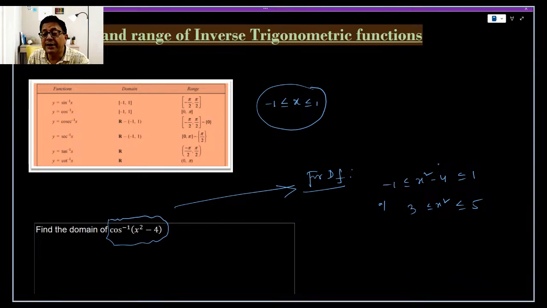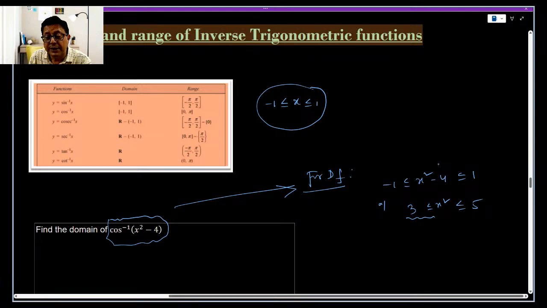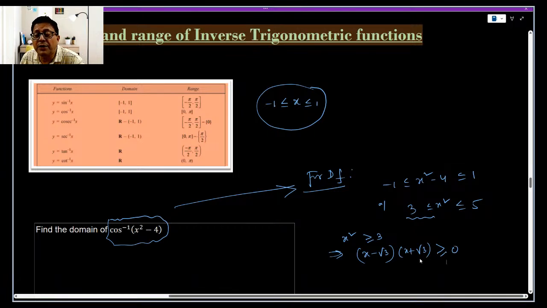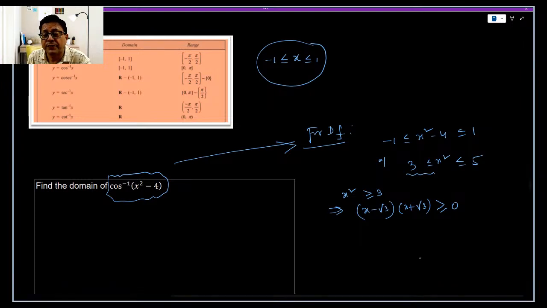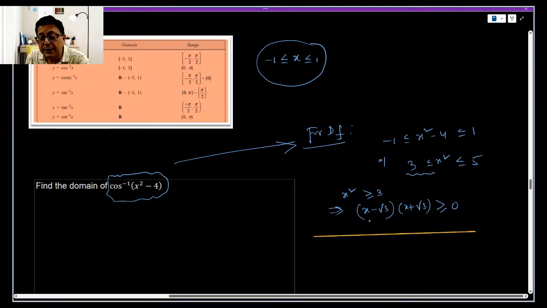Okay. Considering the first part, x square greater than or equal to 3, this implies x minus root 3 into x plus root 3 greater than or equal to 0. What I did there, transferred 3 on left hand side. Okay. Now if I put it on the number line, these are two critical points, minus root 3 and root 3.